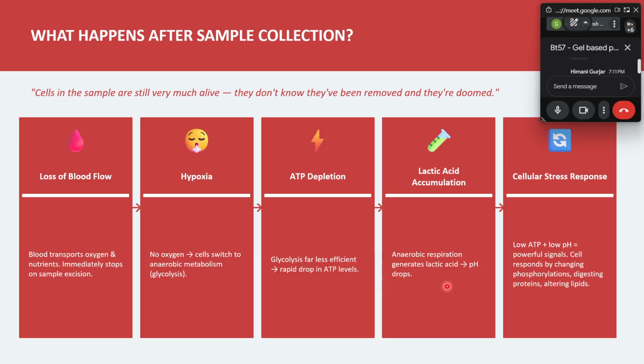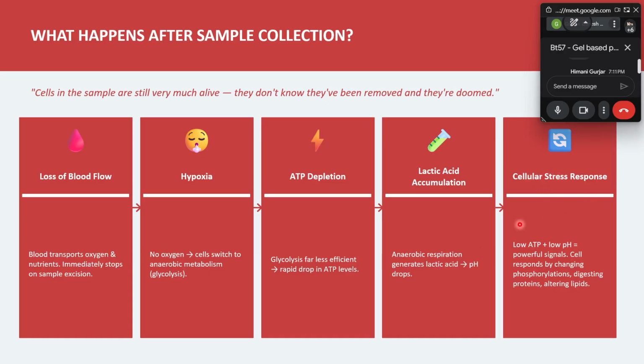And if pH drops, a lot of enzymes will be affected, right? Basically a lot of proteins will be affected, because the structure of a protein, or the way a protein can function, highly depends upon pH. So if that goes low, it will affect the proteins present in your sample.